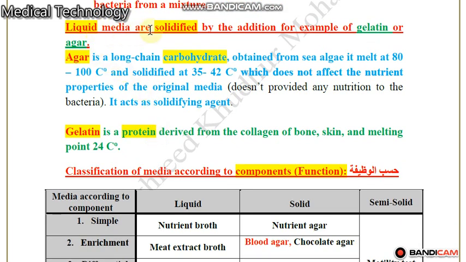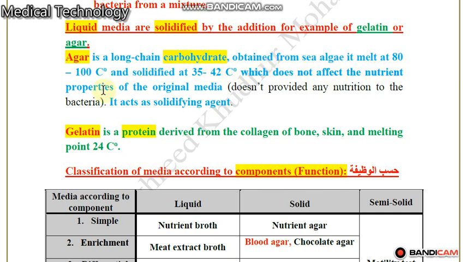Now, the liquid media are solidified by the addition of agar. What is agar? Agar is a long chain of carbohydrate obtained from sea algae.